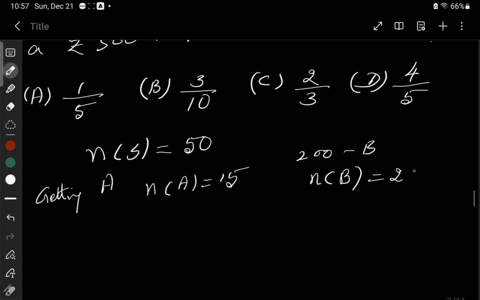Getting 200 notes possibilities is from the 25 notes.